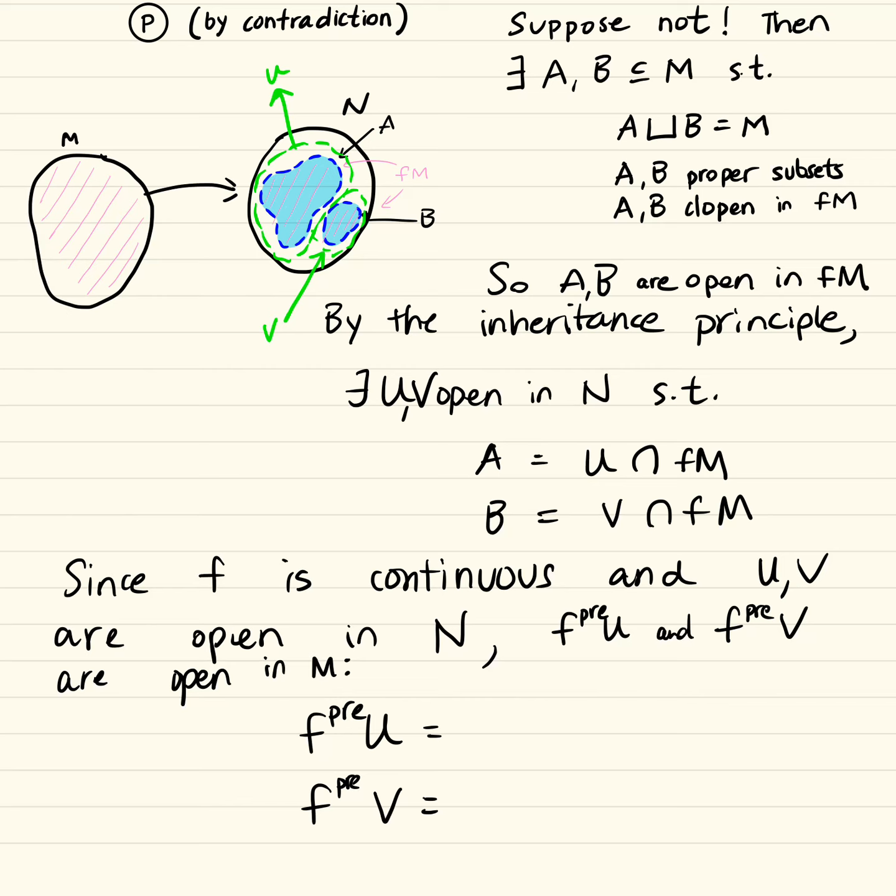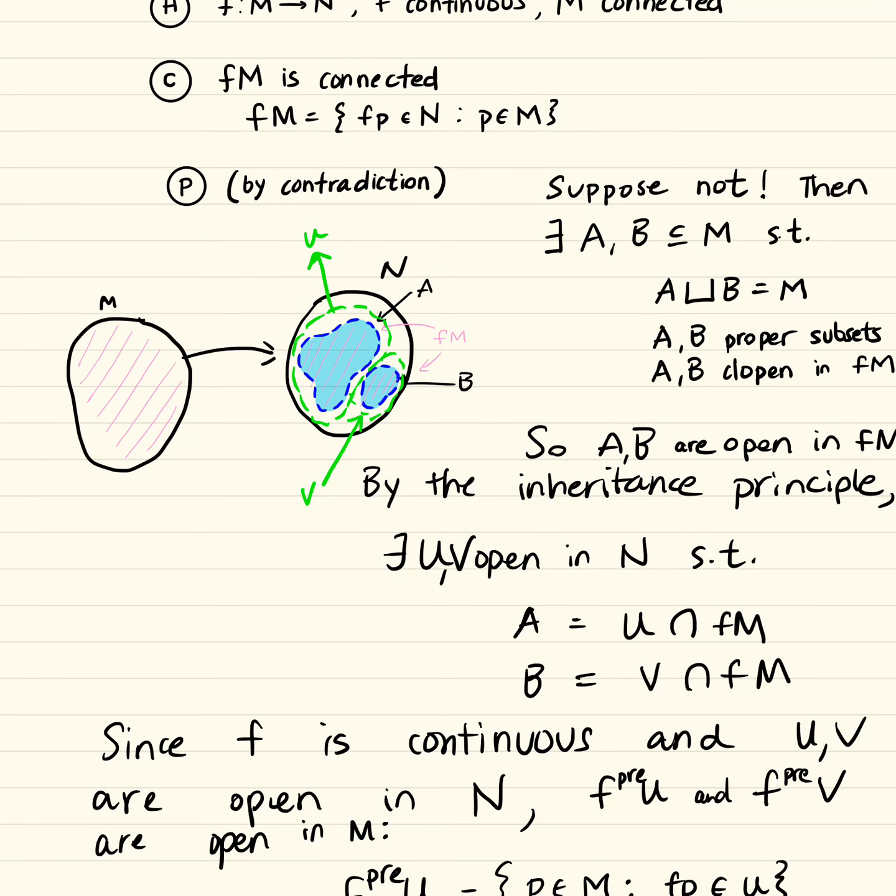Now, just as a reminder, what is the preimage of U with respect to f? It's the set of points in M such that f of p belongs to U. And similarly, the preimage of V is the set of points in M such that f of p belongs to V. So with our picture here, we know that we have two open sets. Well, now here's the deal.